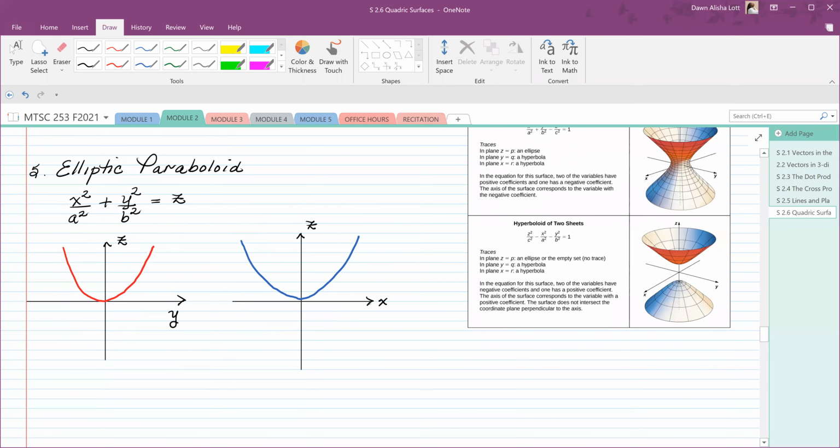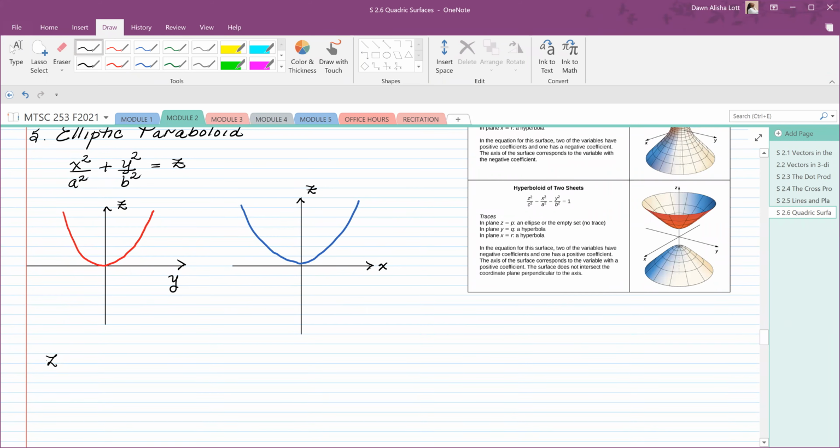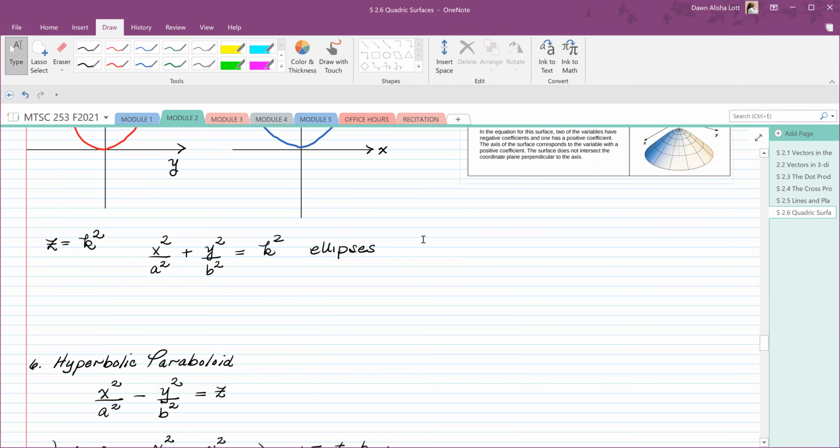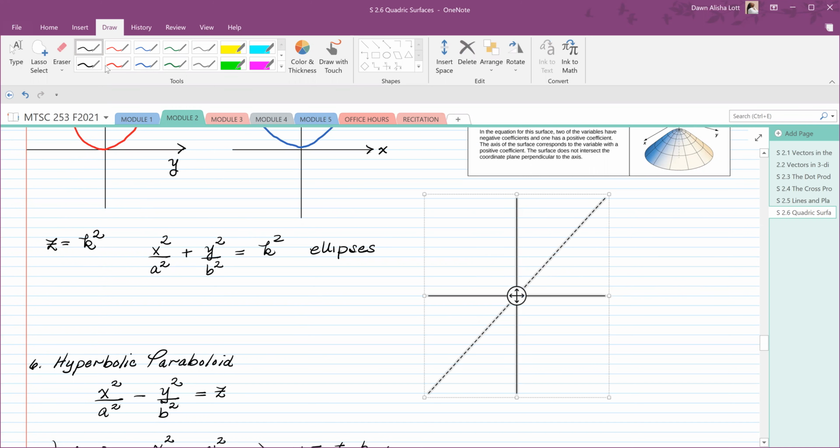But if Z is any number equal to K squared, then I get an ellipse, x squared over a squared plus y squared over b squared is equal to some number K squared. These are ellipses. So this thing looks like that. This thing has a parabola in 1 direction.